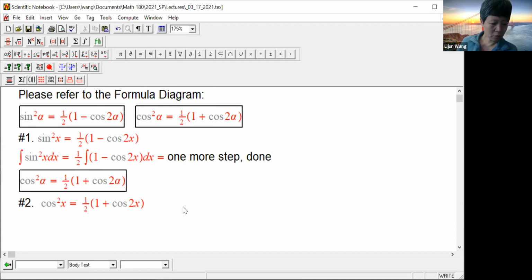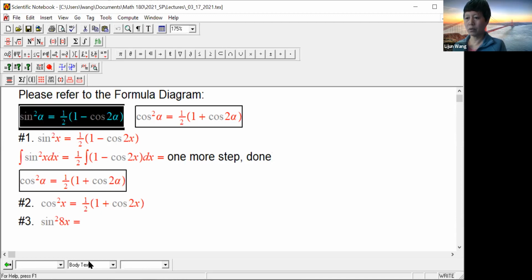So let's move forward. Number 3. When you do these exercises, you really start to understand much better what I talk about, the placeholder idea, the placeholder concept. Number 3, you have sine squared of 8x, and we also want to reduce the power. So guess which formula we're going to use? We're going to use this one.